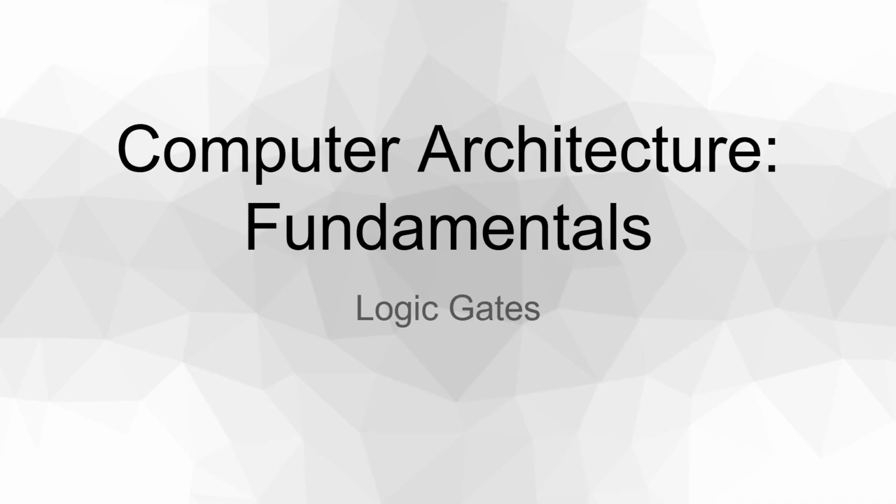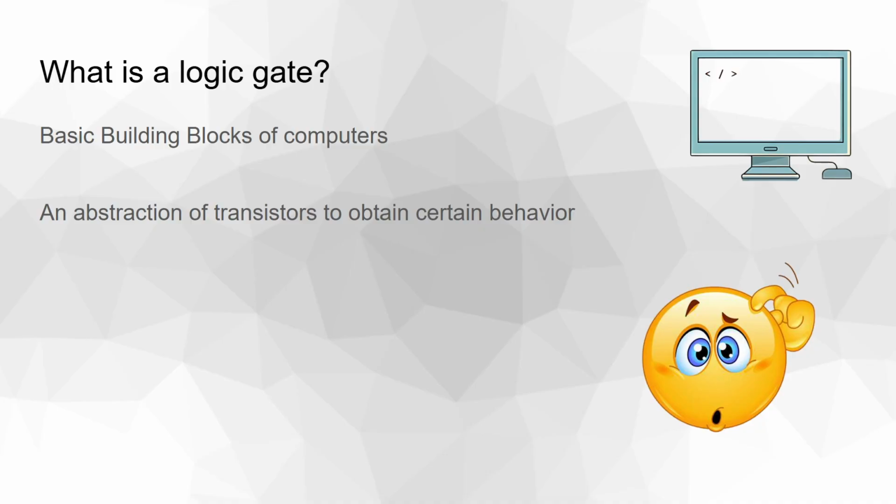This is part of my fundamentals series where I'll go over some of the basics like logic gates, as well as some basic VHDL programming strategies that you might find of interest. So, getting into logic gates: they are the basic building blocks of computers. You can think of them effectively as a slight abstraction of transistors to obtain a certain behavior.